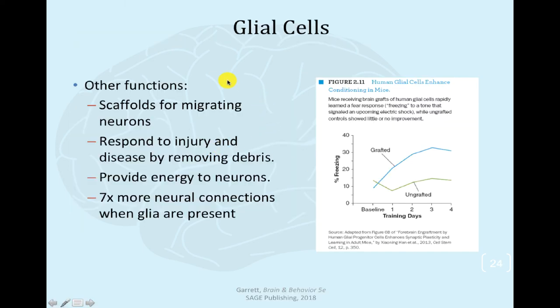Other functions of glial cells include providing physical scaffolds, like ladders, for migrating neurons to move along. They respond to injury and disease by removing debris in the nervous system. They provide energy to neurons, and they facilitate neural connections, creating 7 times more connections when they are present.